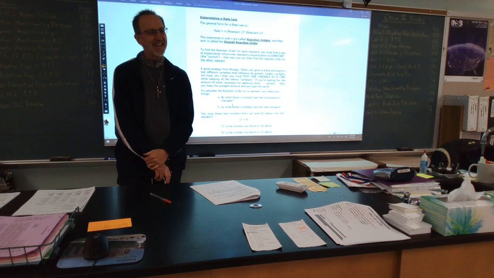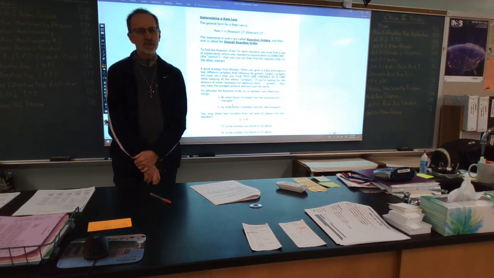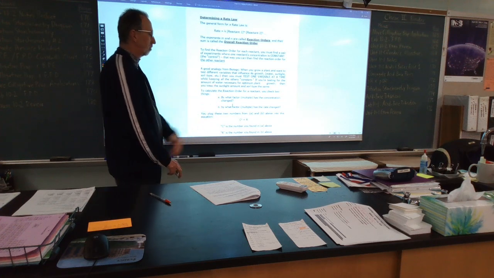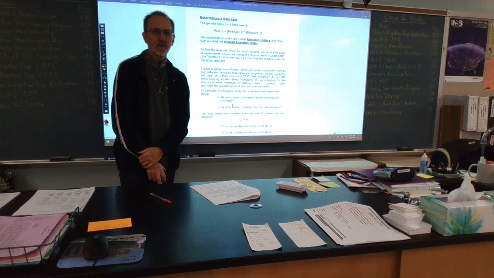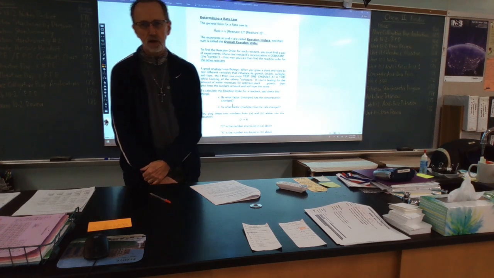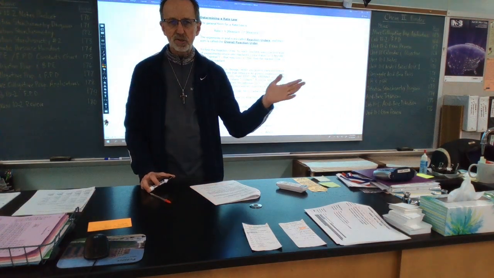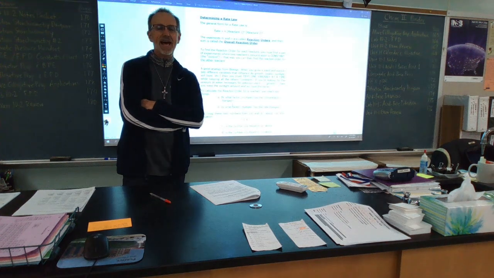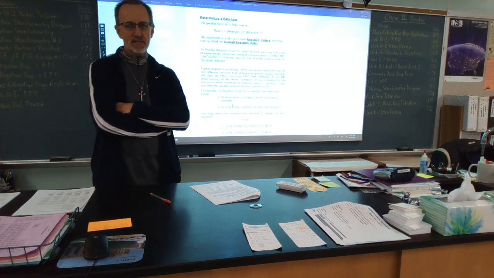I'll bet most of you have done this, if not in middle school, perhaps even in elementary school. When you grow a plant and want to test different variables that influence its growth, water, sunlight, soil type, etc., then you must test one variable at a time, all right, while keeping all the others constant.